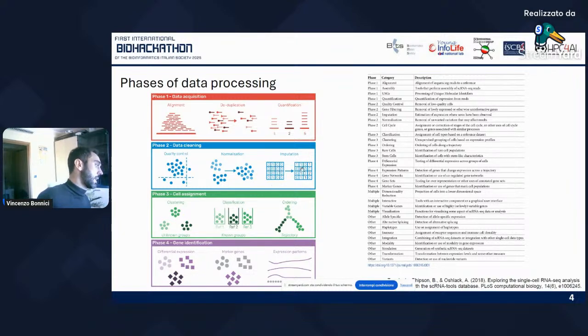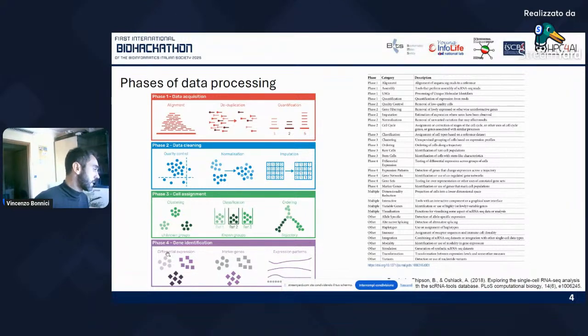You can also run imputation from this matrix, and after this step, we have cell assignment. For example, you can cluster your cells in order to understand in an unsupervised way if they form groups. You can classify the cells with different references, or you can trace the trajectory, the morphological trajectory.